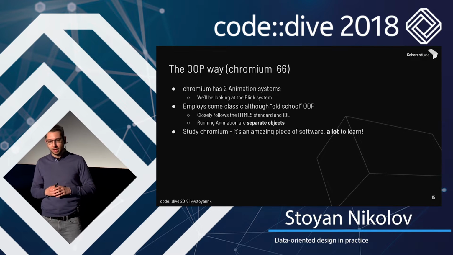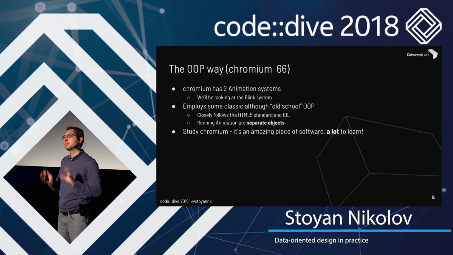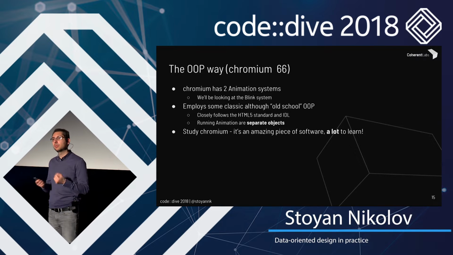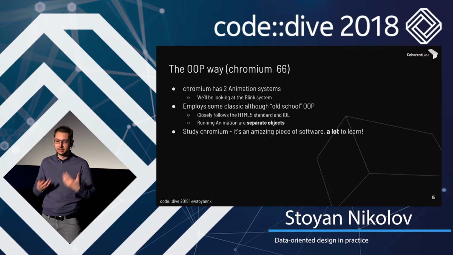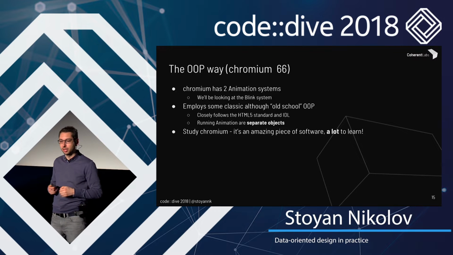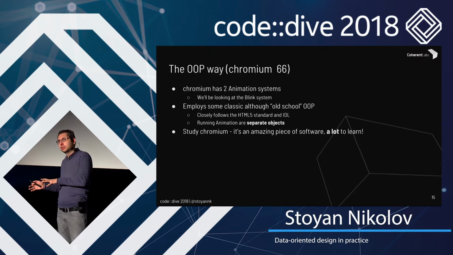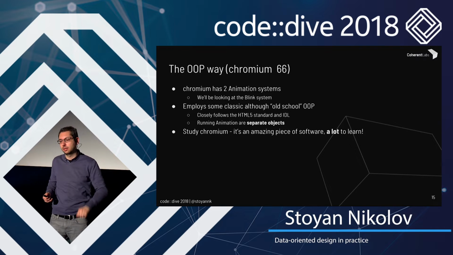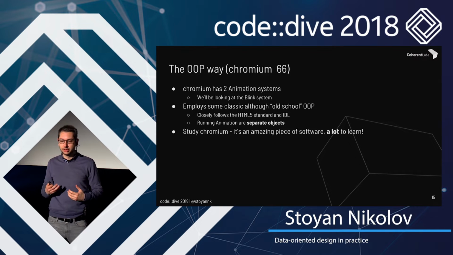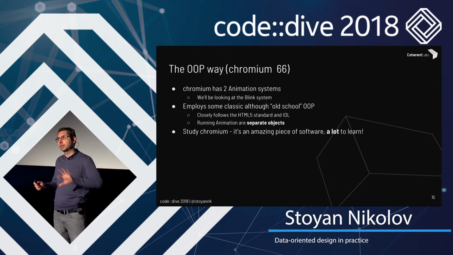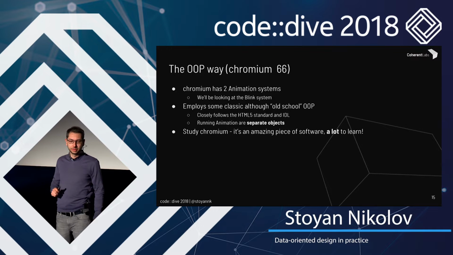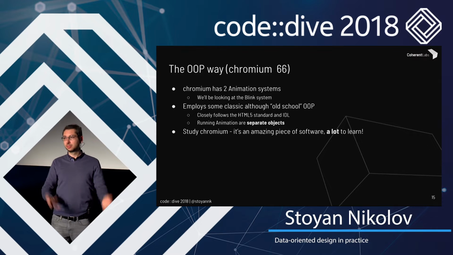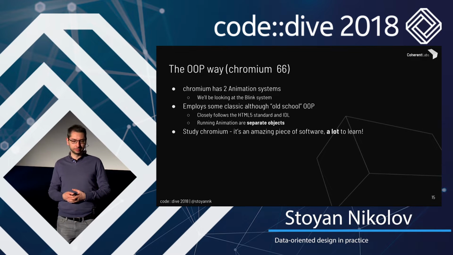They use in this system some classic, although in some ways dated, type of object-oriented programming. Although this standard is fairly new, Chromium's code base is fairly old, and this particular system uses not the best object-oriented programming, at least the textbook one that you know. So let's see how it works.